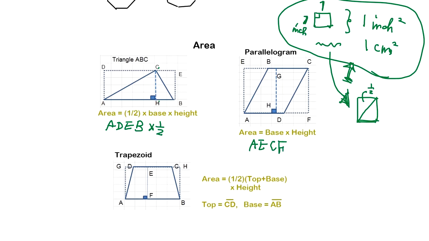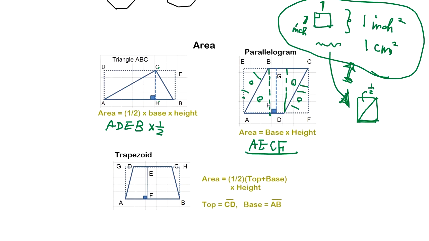Okay, so basically it's the same as a rectangle, because if you draw a line here, this is the same area, this is the same area, so the parallelogram's area becomes the same as AECF minus this area, right?